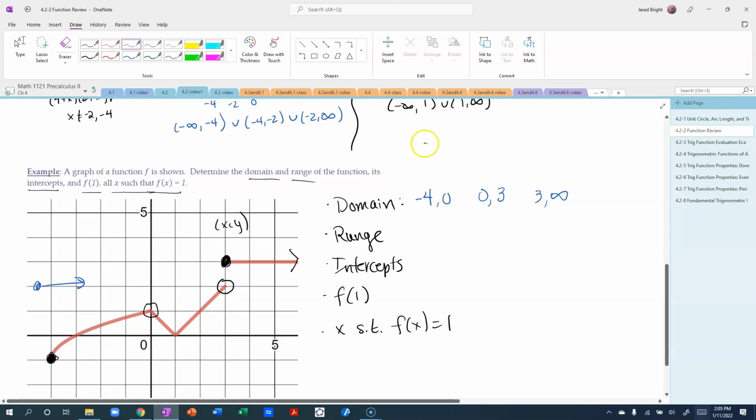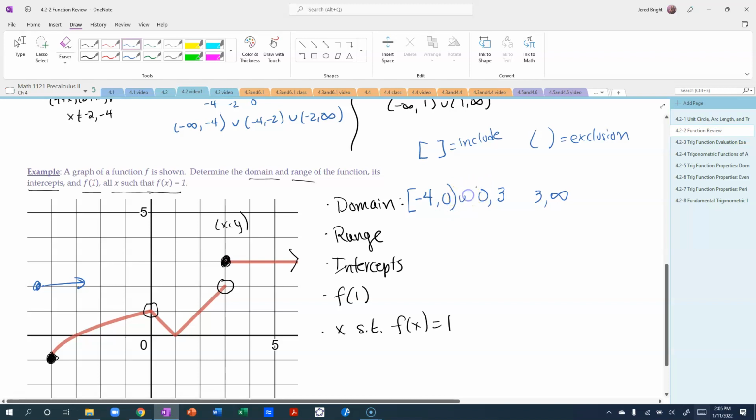Now there's something about brackets and parentheses. We use a bracket, a square bracket, to indicate inclusion. We use parentheses to indicate exclusion. In this case, negative 4 is included because it has a solid dot. When I have an open hole, that means I have exclusion.